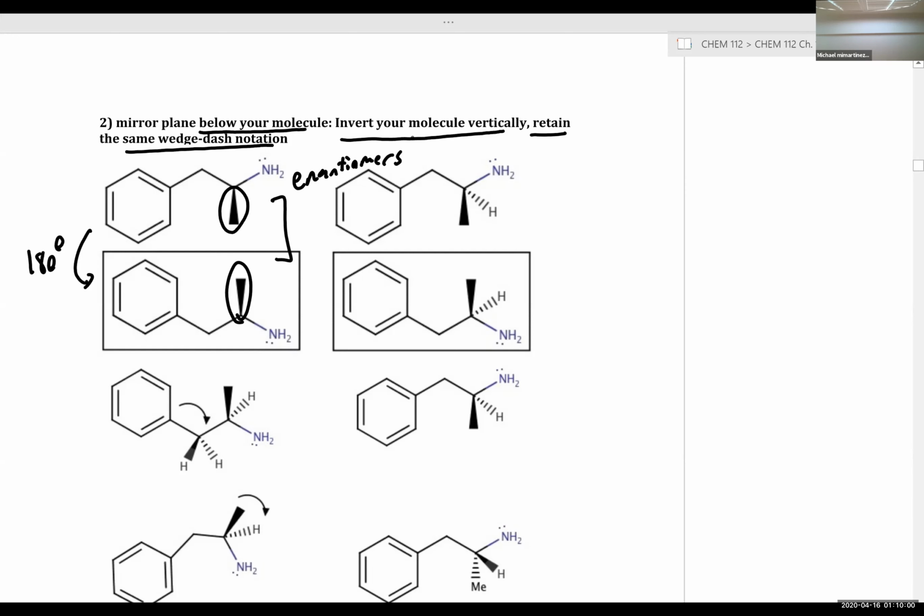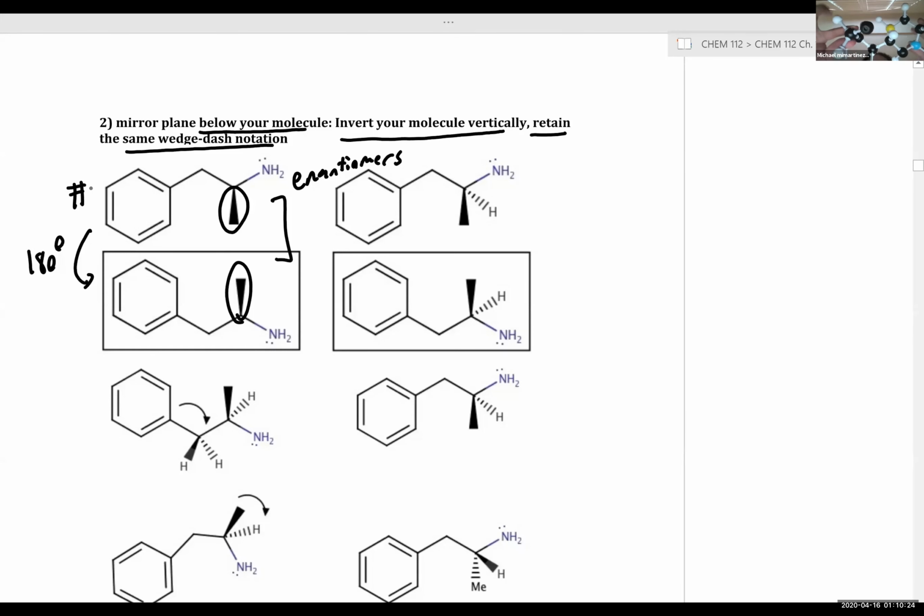This is a really critical foundational skill that you'll need to develop. So I'm going to start by showing you a model of this first structure here. So we're starting off looking at structure 1.